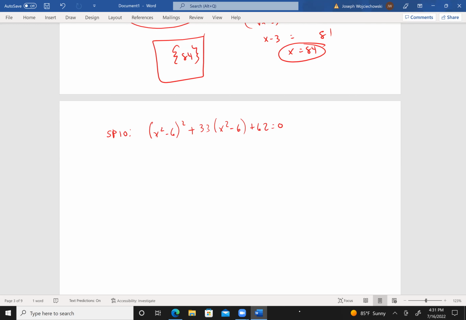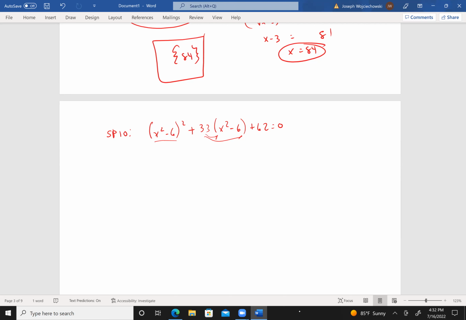Now, we could go ahead and distribute this, or however you want to put it. Distribute the 33 here. Square this. Combine the like terms. But it's going to look kind of nasty. Plus, we'll have a fourth degree term.